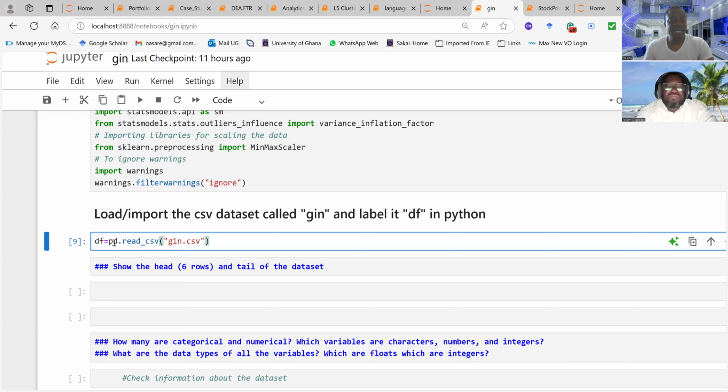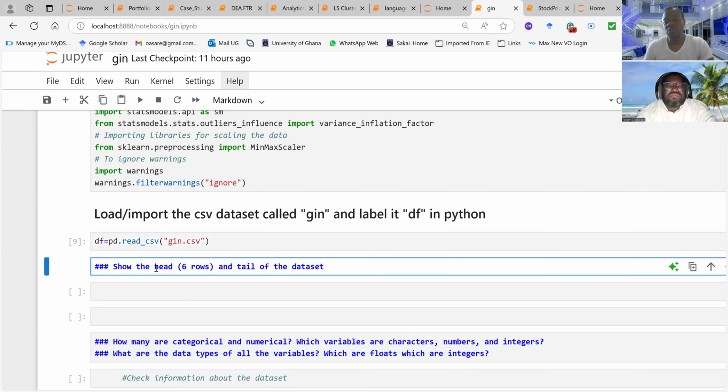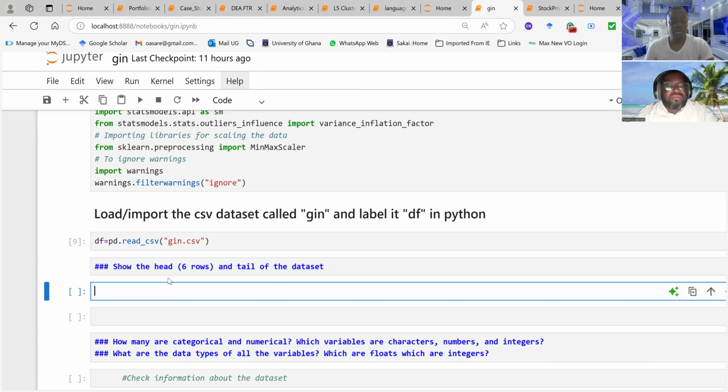All right, now that you've loaded the data, the next thing is to show the head, the 6 rows, and the tail of the data set. It didn't say the 6 rows of the tail, but the head should be 6 rows. What command will you use? Type the name of the data, which is df, then head, and put 6 into the brackets.